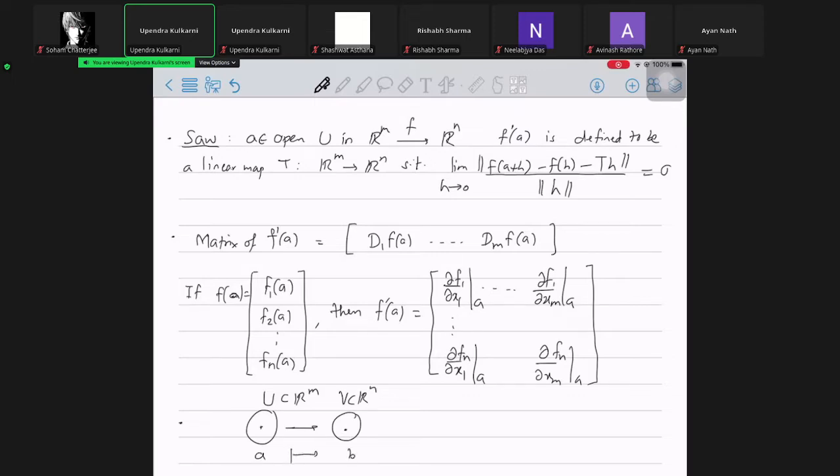So let's say A goes to B, and I call this map F. And then there is another map which takes you to Rk. Then we have G composed with F.